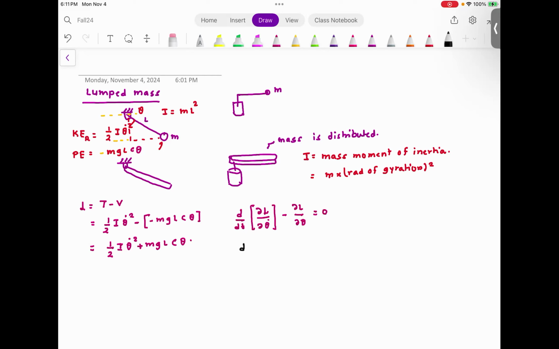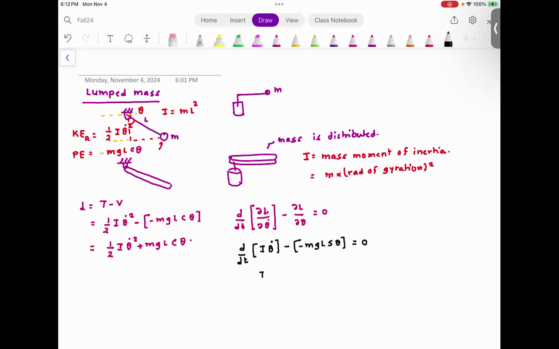This gives me an expression d by dt of I theta dot, minus, the first term is going to be constant. Cosine theta becomes minus sine theta. So you're going to have minus mgl sine theta is equal to 0. And we derived the same expression in last class. The only difference there is we used the translational kinetic energy. In this particular case, we are using the rotational kinetic energy.